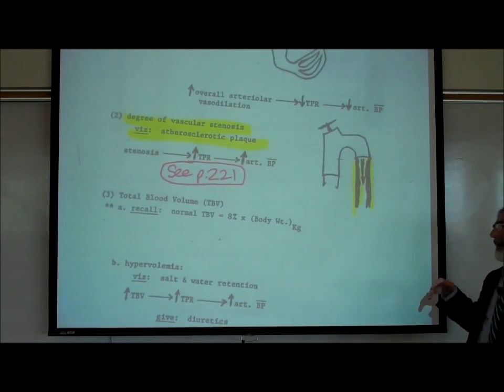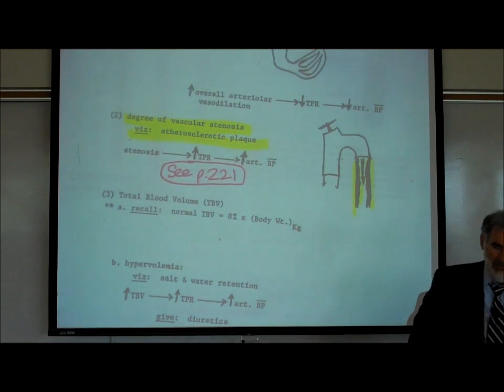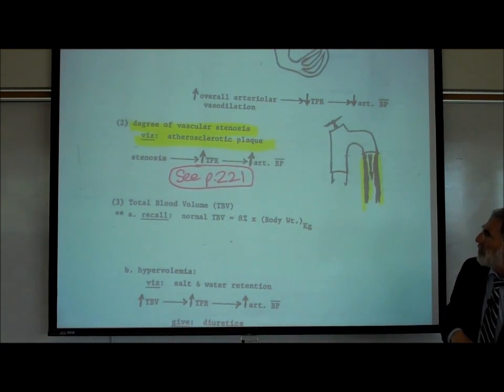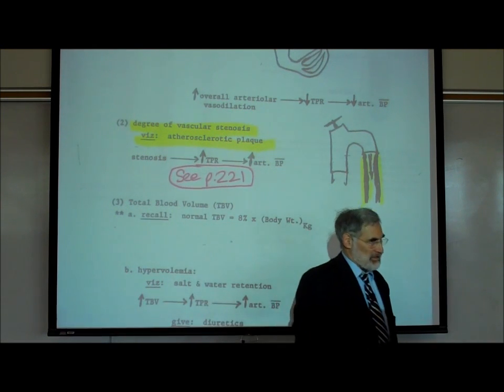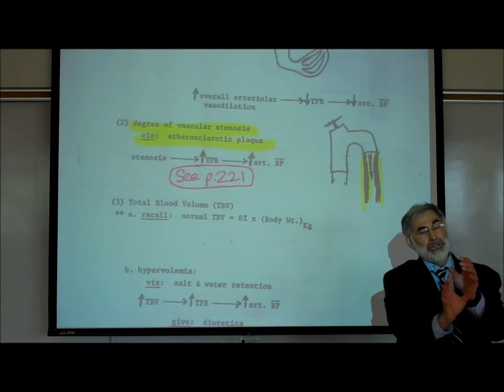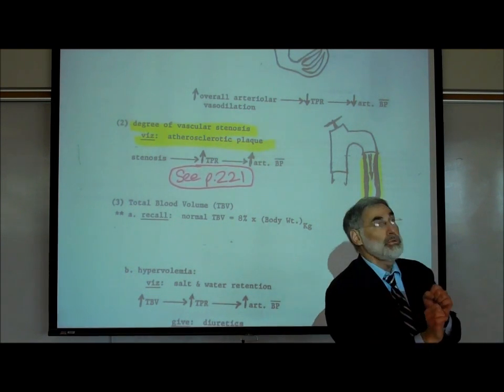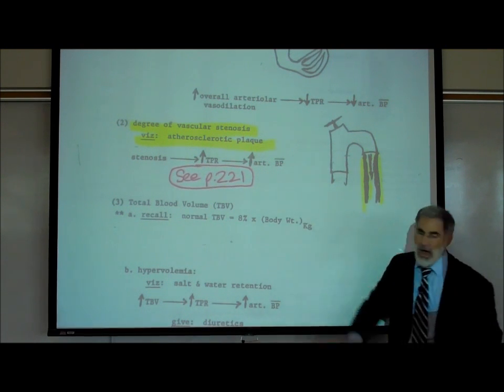Now, the second factor, and the last factor that we're going to learn that affects the total peripheral resistance, is the degree of vascular stenosis. What does stenosis mean? Narrowing. We use the word stenosis or occlusion. This is due to atherosclerotic plaque.